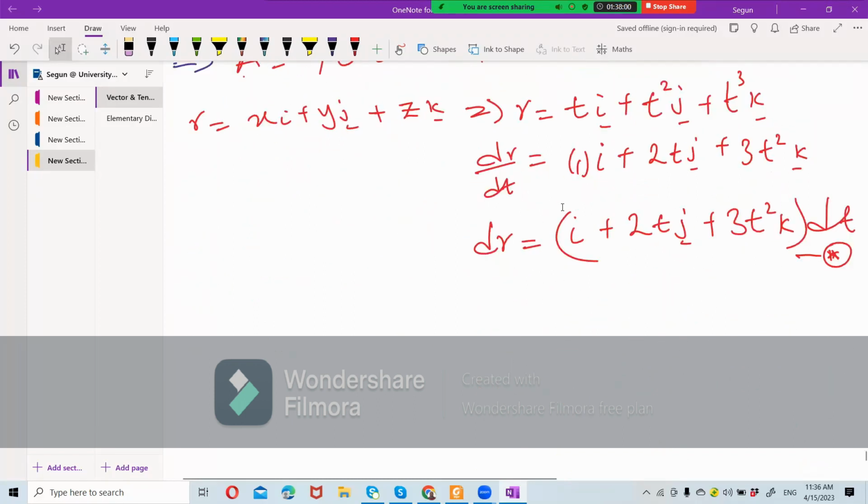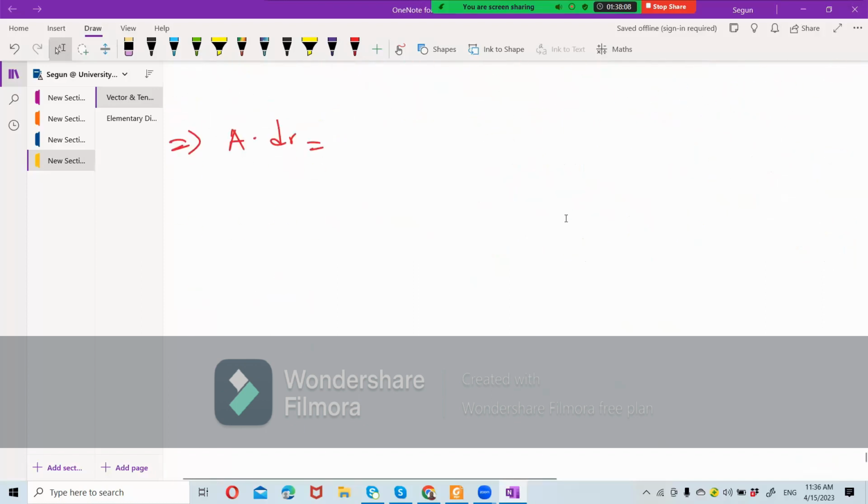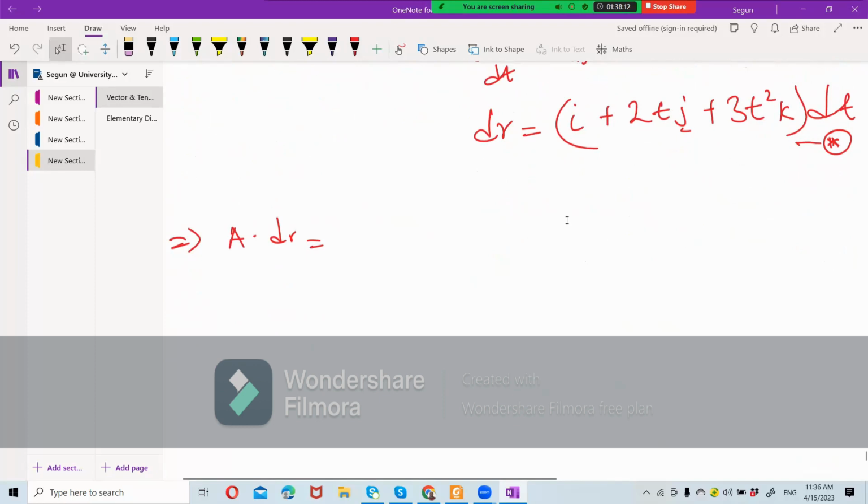So what do I have in this case? I can match the two together by saying A dot dR will be, let's go to A. Can somebody call A for me? No, A cannot be 3t squared again.